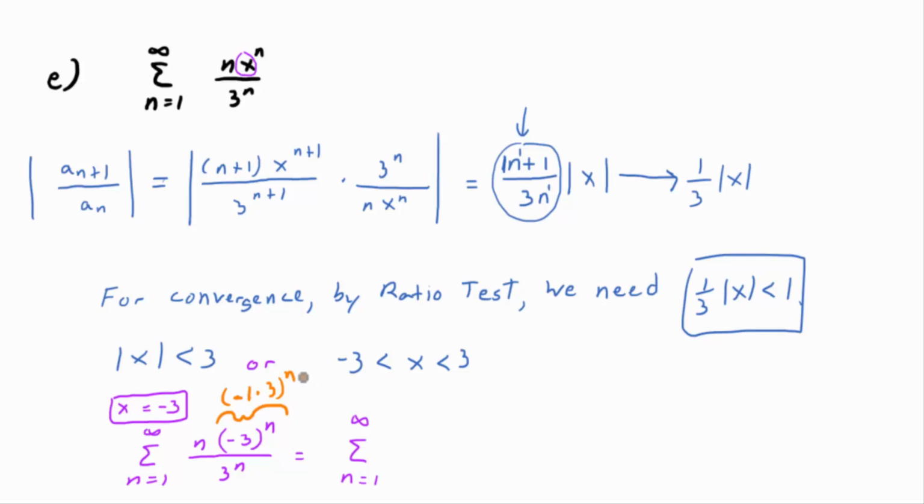We still have this n, and you could make this (-1) to the n power times 3 to the n, but then what happens with the 3 to the n in the denominator? Cancels. And so we get sum n equals 1 to infinity of n times (-1) to the n.